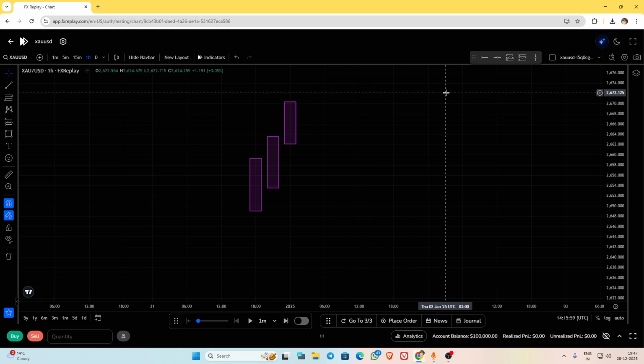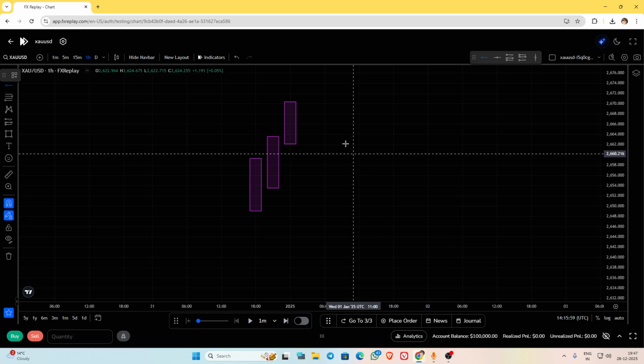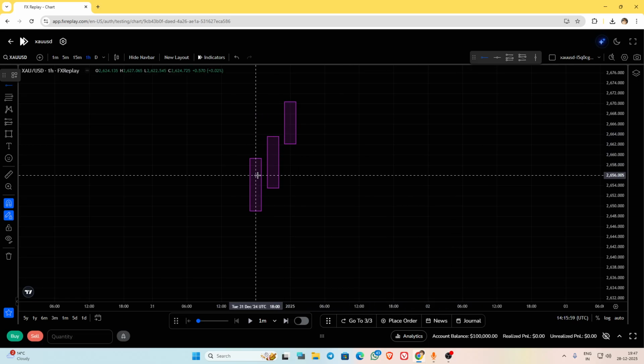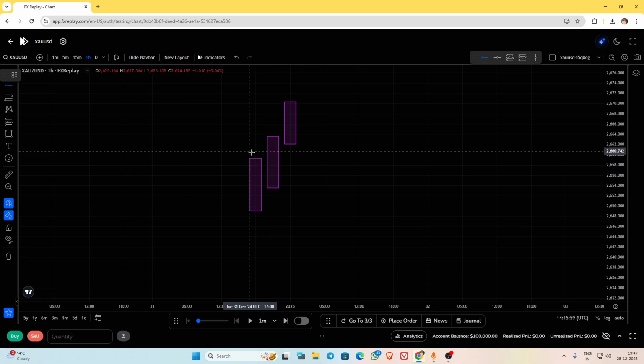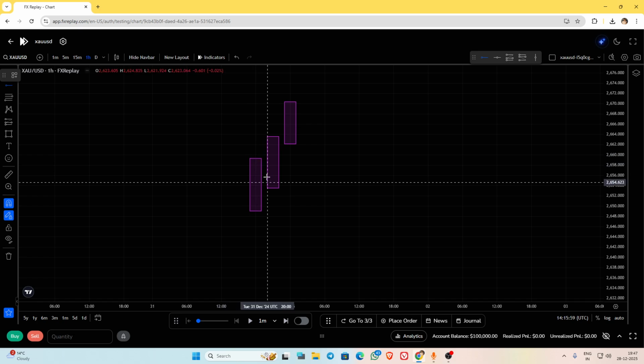We are going to backtest a 1 hour 1 minute scalping strategy, and we will watch the candle before the 8 a.m. candle, so that will be the 7 a.m. candle.